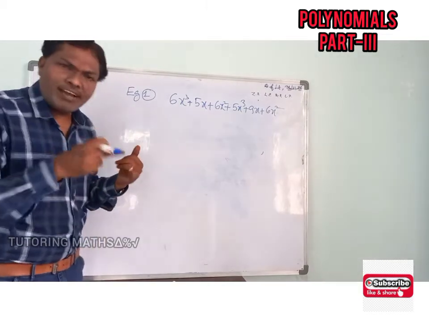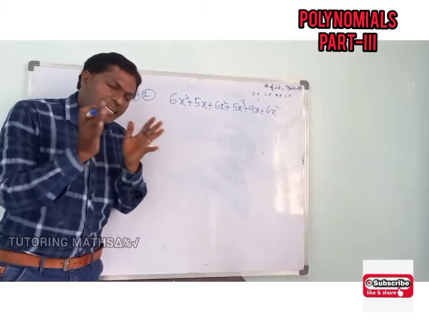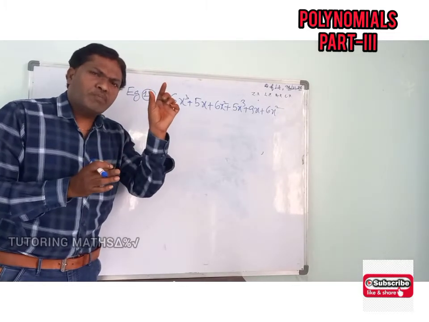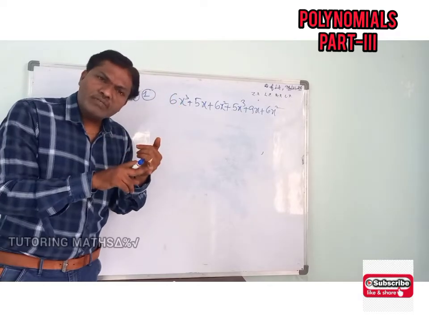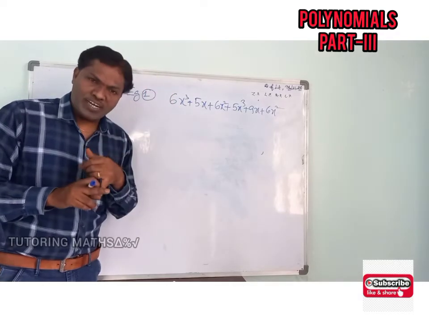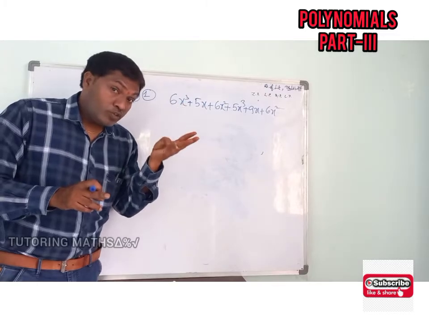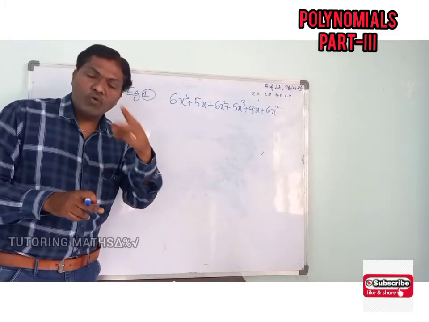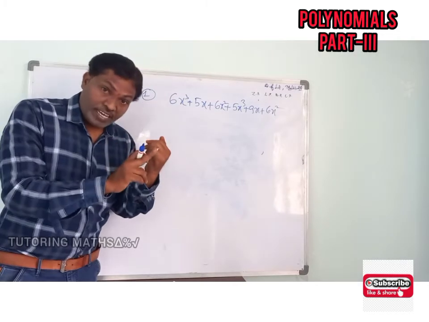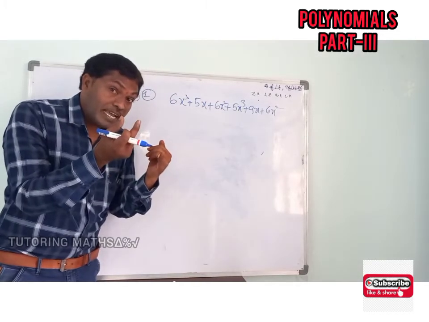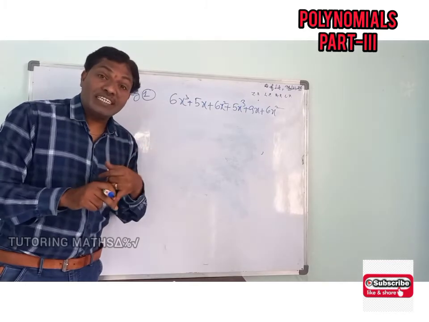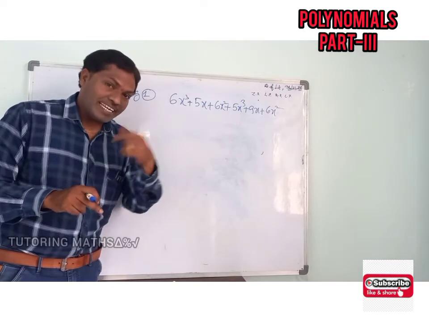Generally, like terms are defined this way: the variable should be the same and the exponent should be the same. Just keep in mind only these two things. Then only we can say that they are like terms.